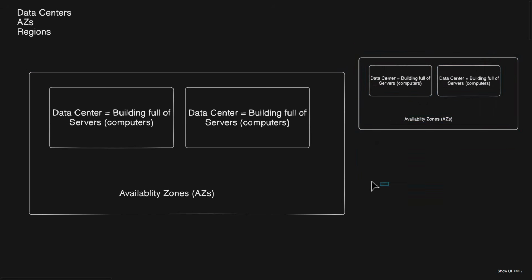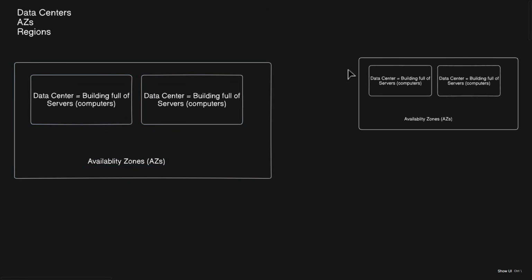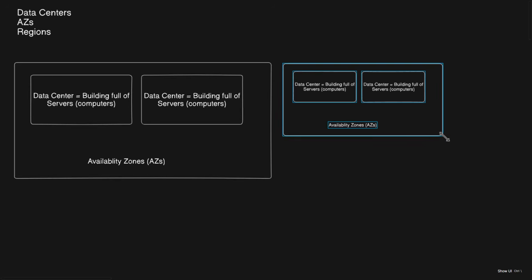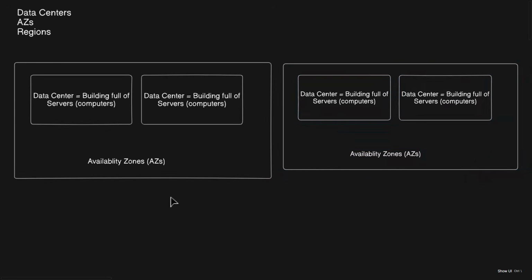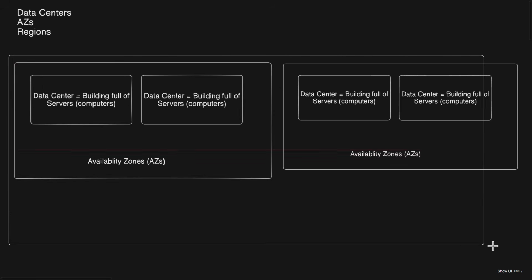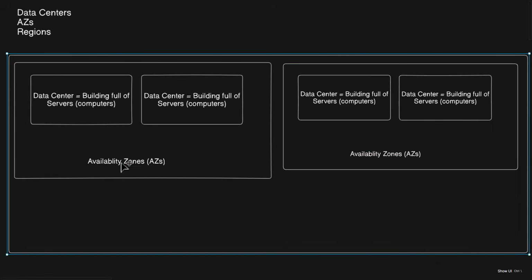I'll also select these. So there are multiple availability zones that will group things. Here, this is one availability zone, this is the second availability zone, and together they will form a region. So this is nothing but a region over here.